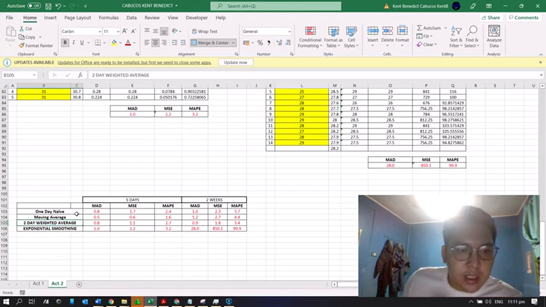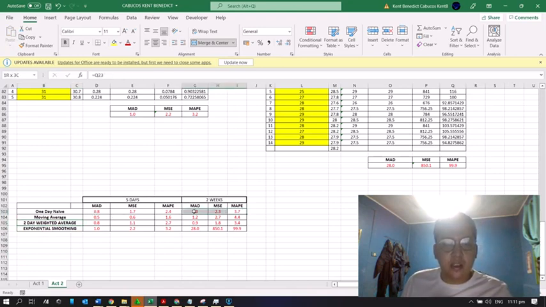So we can see, I think the one-day naive method is still the best technique because its error is closer to 0, as you've seen, in the 5 days and 2 weeks than the other methods.